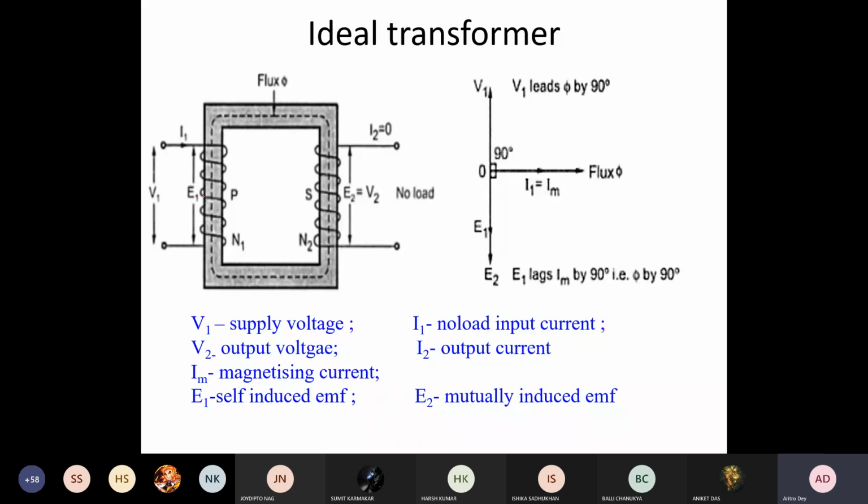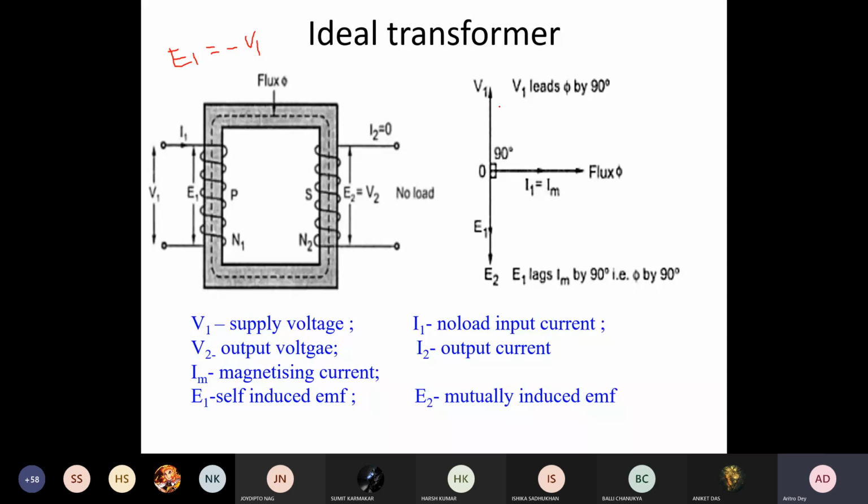E1 will be equal to V1 in magnitude, but the sign will be negative, in the ideal case when there is no leakage reactance and no resistance in the primary. If we take V1 as our reference phasor, then E1 will be as shown here, just 180 degrees out of phase with it. So this is your E1, and that will be equal to V1, right?